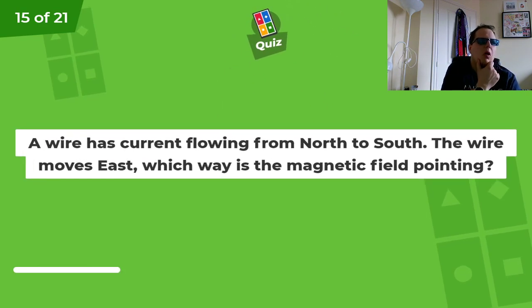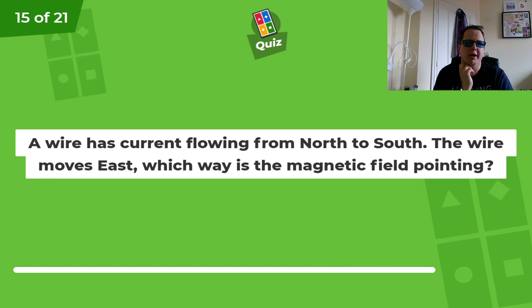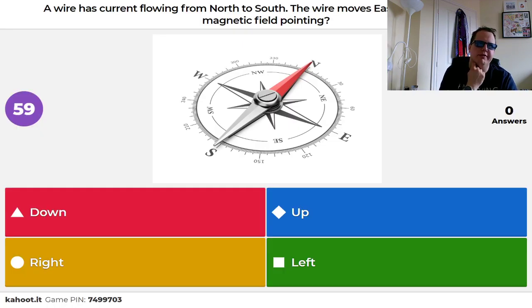Okay, so a wire has current flowing from north to south. The wire moves east. Which way is the magnetic field pointing?